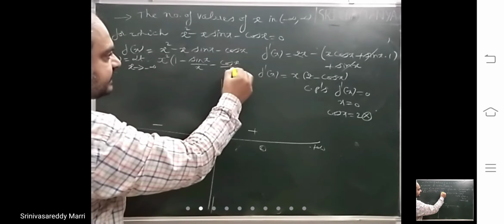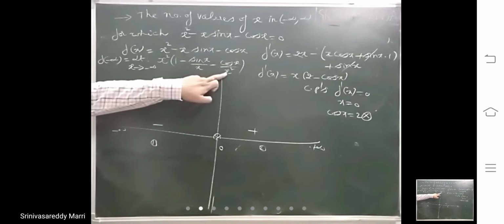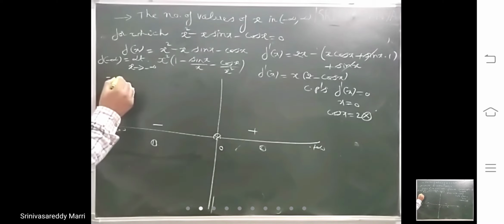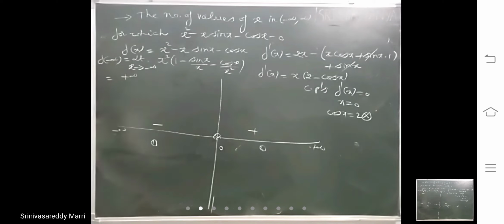So at minus infinity, this 1 by x will become 0, 1 by x square will become 0. Plus infinity into 1. That means minus infinity square means plus infinity into 1. So f of minus infinity is what? Plus infinity.